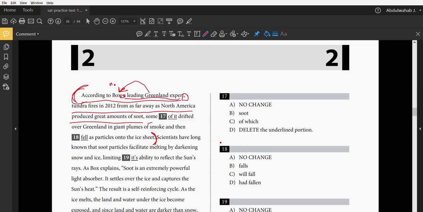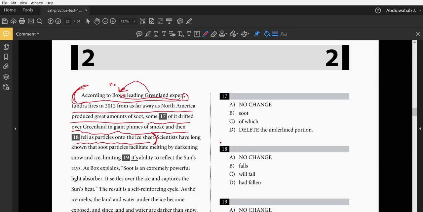The second one is "some of it drifted over Greenland in giant plumes of smoke and then fell as particles onto the ice sheet." When we are combining 2 clauses together, we need some form of a conjunction to join them to each other. If you don't add the conjunction, what you will get is a run-on sentence.